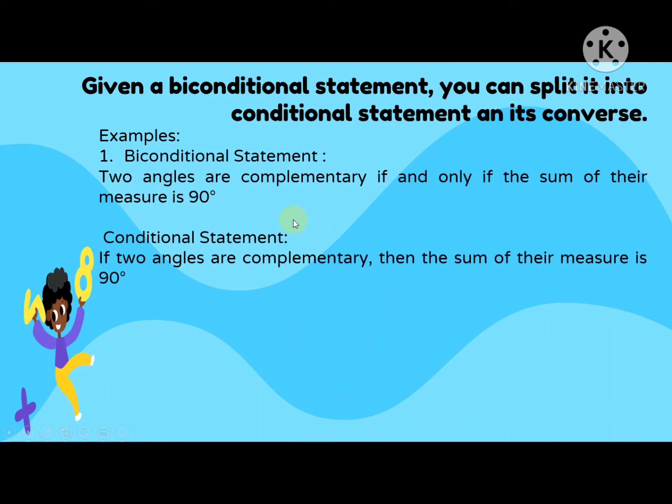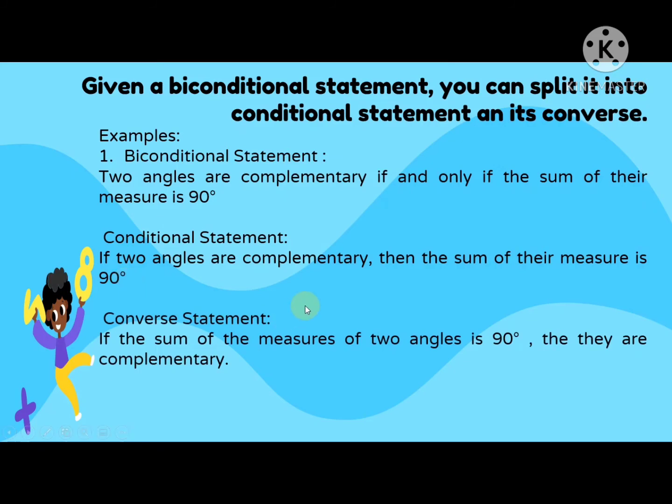So, gawin natin siyang conditional statement. If two angles are complementary, then the sum of their measure is 90 degrees. Gawin naman natin siyang converse. Diba? Kapag converse, switch lang natin siya. If the sum of the measure of two angles is 90 degrees, then they are complementary. Both the conditional and converse statements are true.